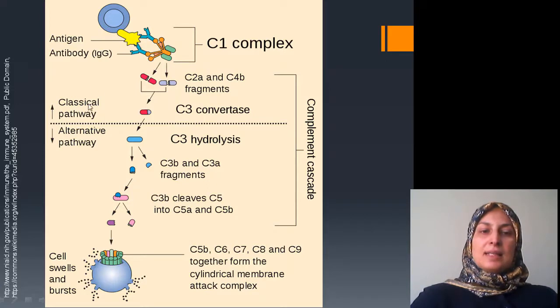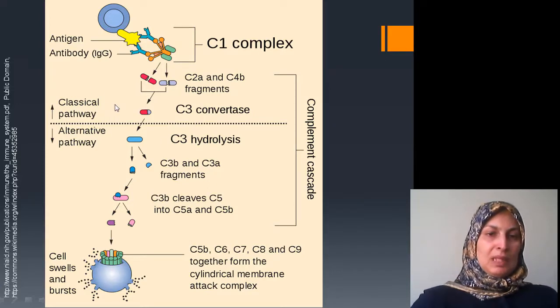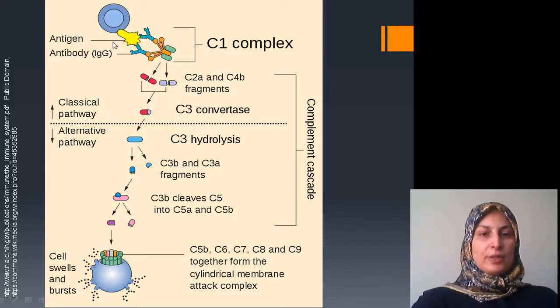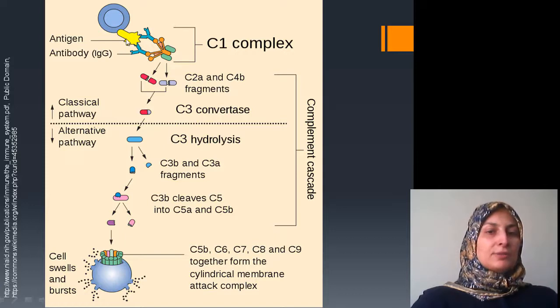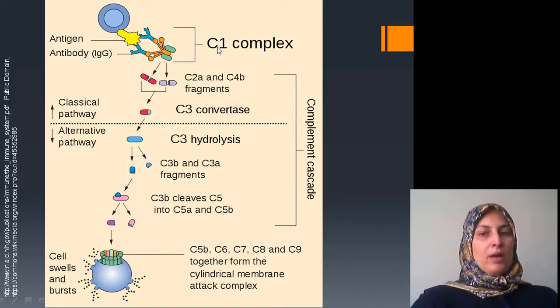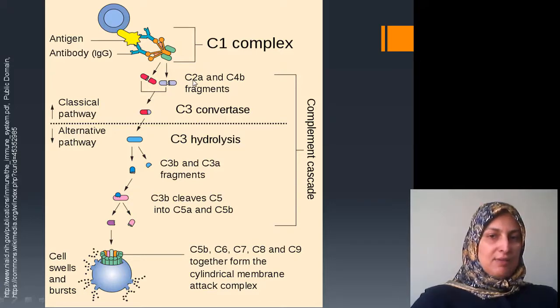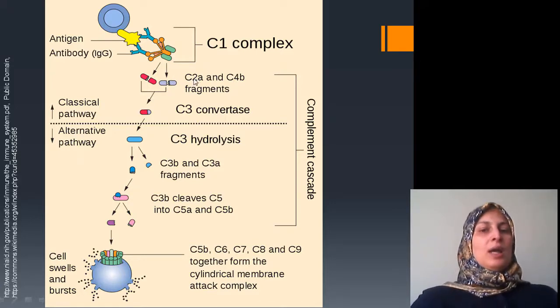In the classical pathway, we actually need an antigen-antibody complex. So antibodies are already produced and they are bound to the antigens. Now this complex is recognized by the C1 protein. Other proteins, C1r and C1s, are bound to the C1 to form a C1 complex. This would activate the C4 and the C2.